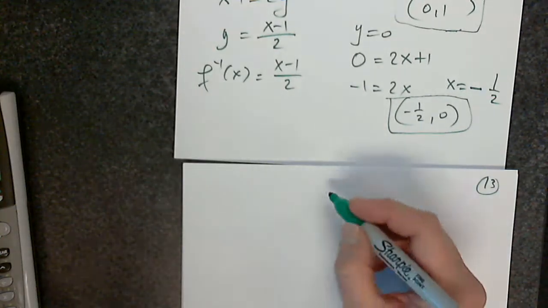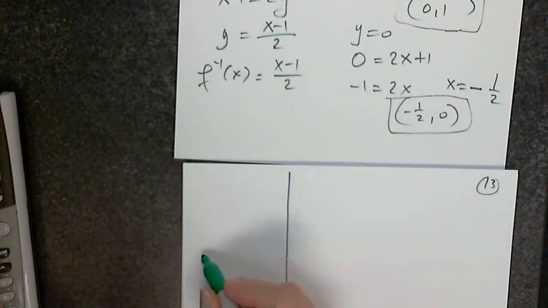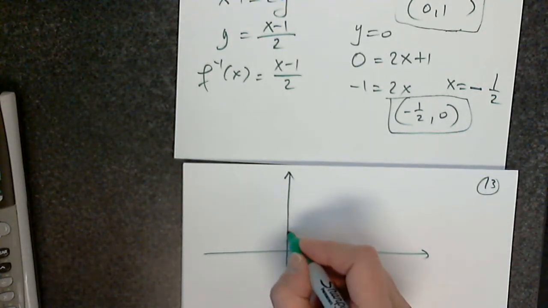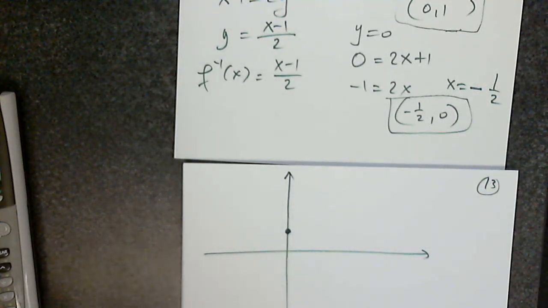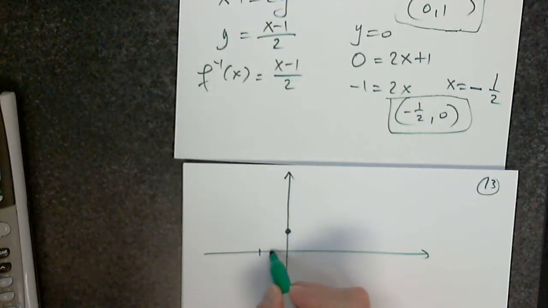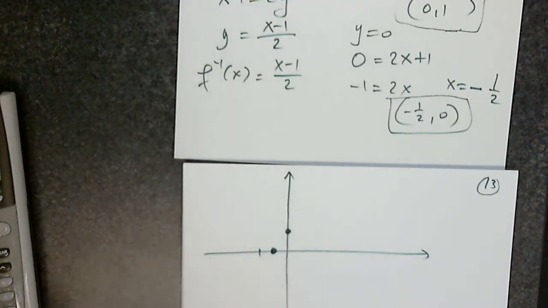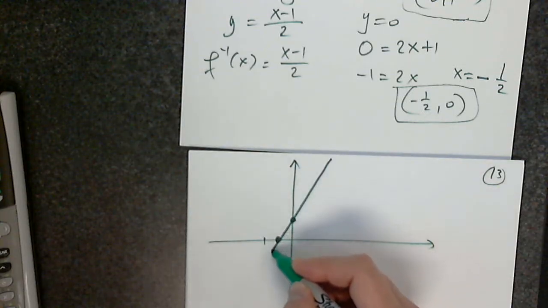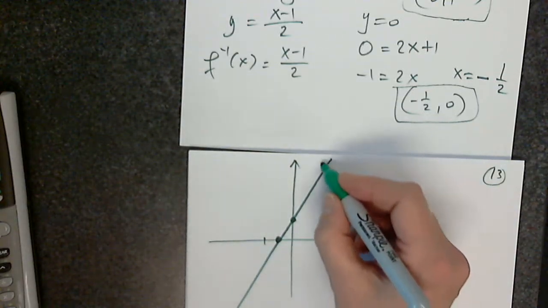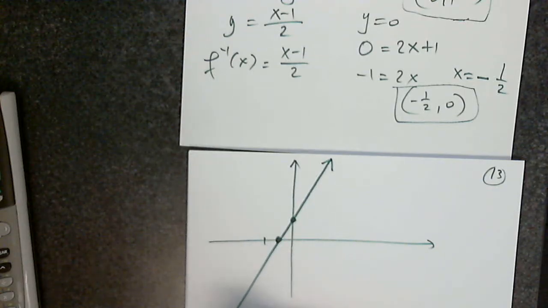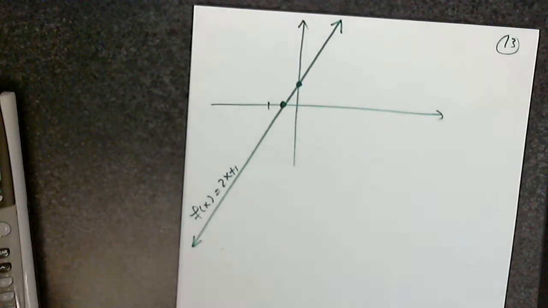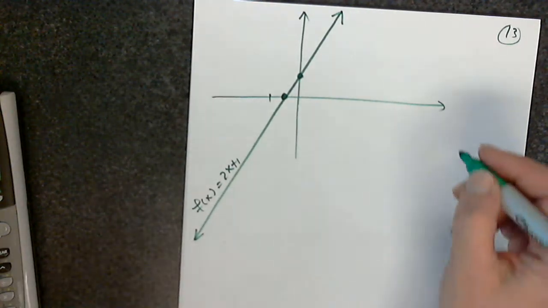Okay. So 0, comma 1, -1/2, comma 0. Please write on the function somewhere.